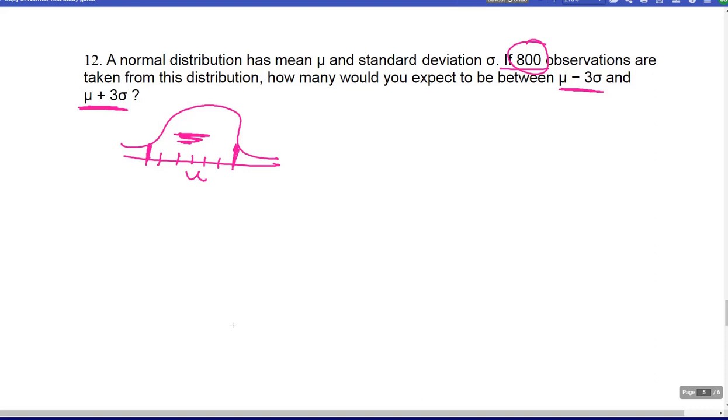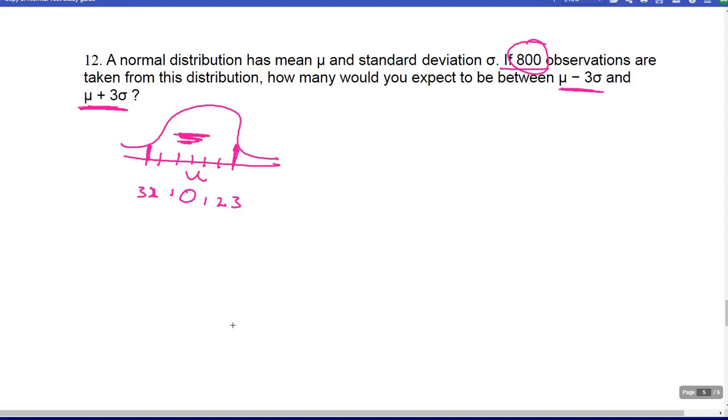How could I figure it out? Well, we first have to find the area of the two things that they give you, and add that. You do 1 minus that first. Because we're talking about standard deviations, if this was a 0, wouldn't this be 1, 2, 3? And wouldn't this be 1, 2, 3?